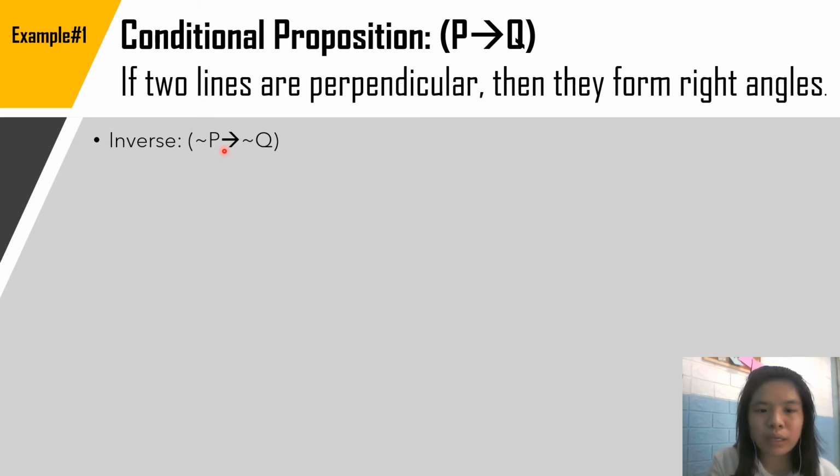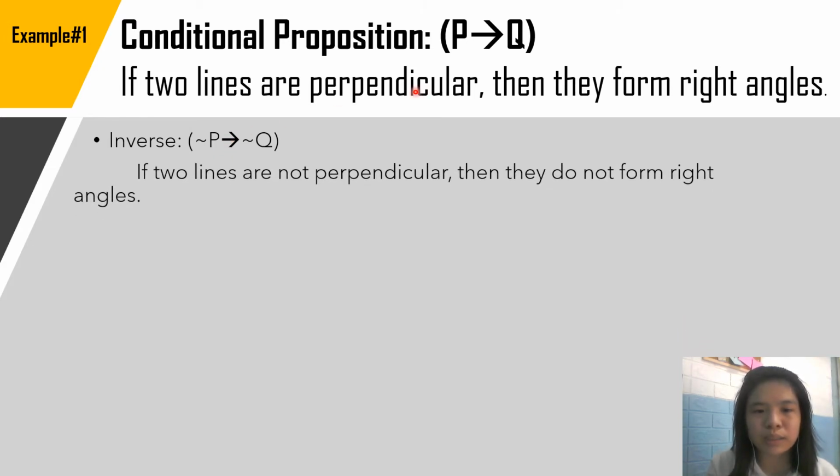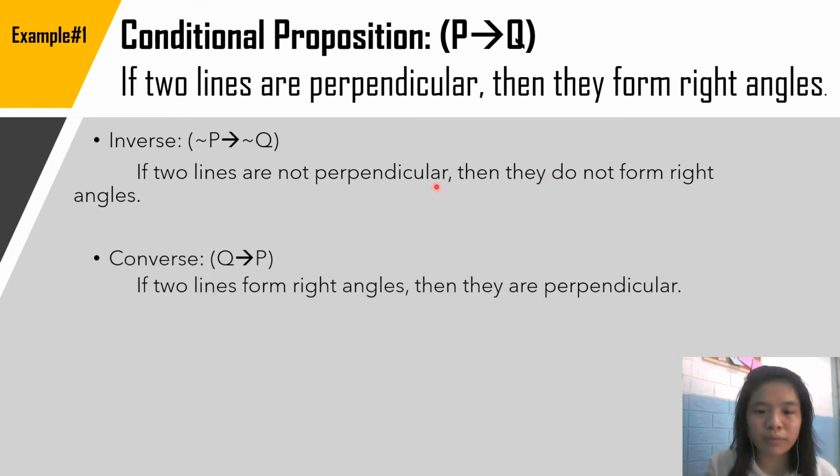Therefore, the inverse of this conditional proposition is: if two lines are not perpendicular, then they do not form right angles. To negate the hypothesis and conclusion, all we have to do is put the word not. That is why our inverse is: if two lines are not perpendicular, then they do not form right angles.